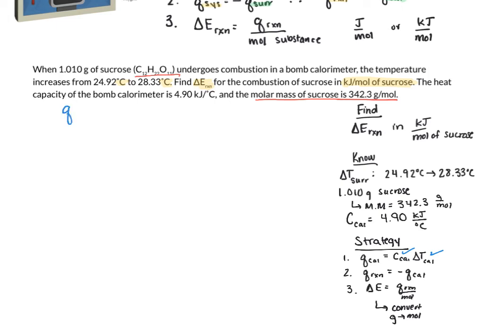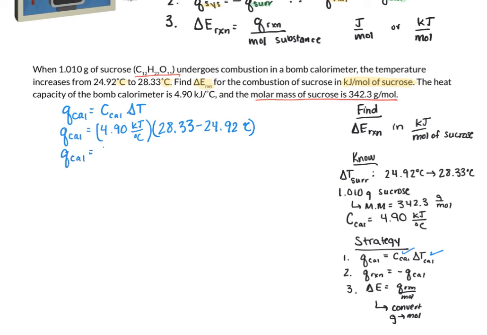So we have Q of the calorimeter equals C of the calorimeter times delta T. When we fill in those values, we have 4.90 kilojoules over degrees C times 28.33 minus 24.92 degrees C. When we solve that, our Q of the calorimeter equals 16.7 kilojoules.